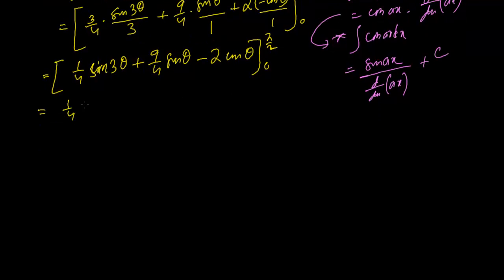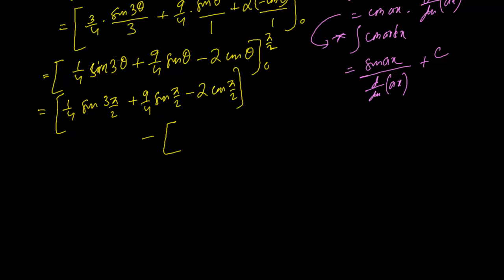So it would be 1 by 4 sin 3 pi by 2 plus 9 by 4 sin pi by 2 minus 2 cos pi by 2. So that's the first limit put. Minus 0, sin 0 is 0, plus sin 0 is again 0, minus 2, cos 0 is 1.